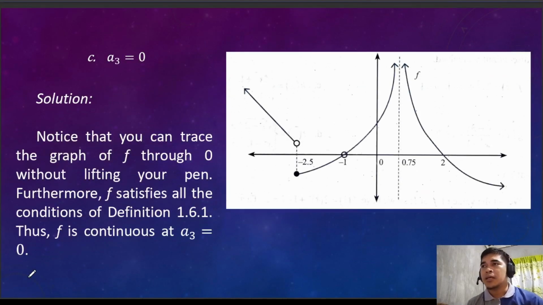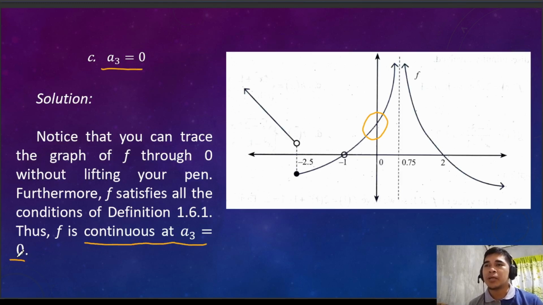Letter C. A sub 3 equals 0. So, here. So, as you observe, na pag i-trace nimo ang graph through 0 without lifting your pen, kaya. So, meaning, this is continuous. So, this is continuous at A sub 3 equals 0.